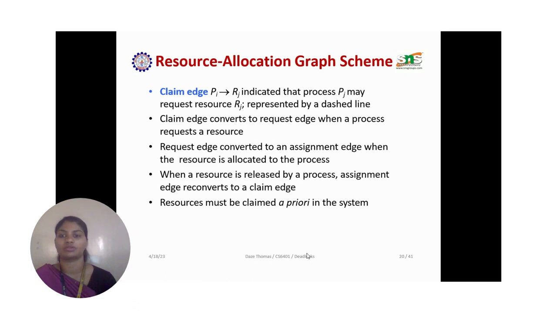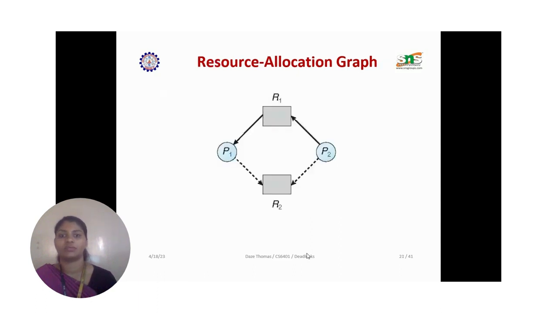A claim edge converts to a request edge when a process requests a resource. A request edge converts to an assignment edge when the resource is allocated to the process. When a resource is released by a process, the assignment edge converts to a claim edge. Resources must be claimed a priori in the system. So this is all about the resource allocation graph scheme.